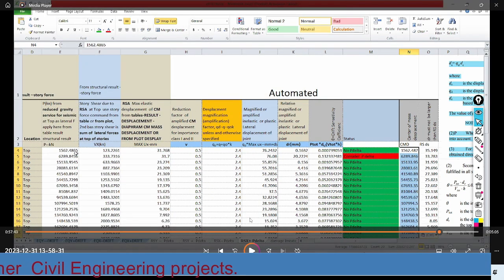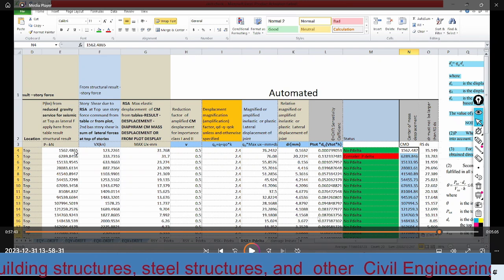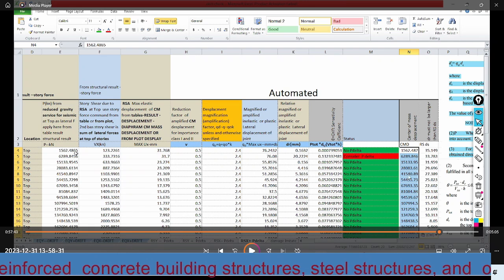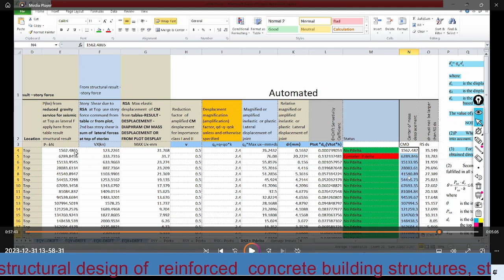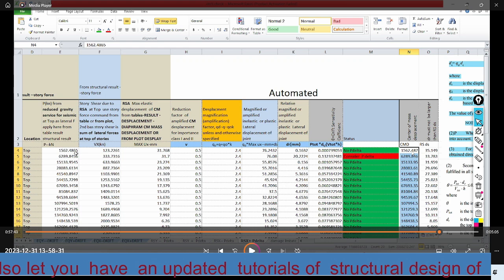So now applying the effect of P delta will not have any effect on the results of the vertical forces.